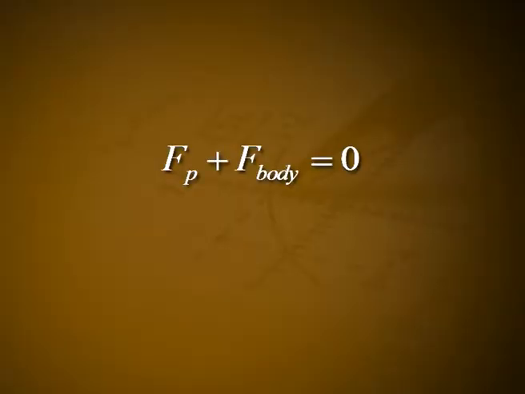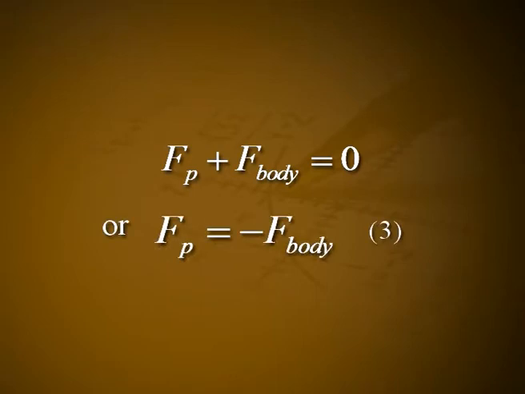Now, since the fluid is in equilibrium, we have Fp plus F body is equal to 0, or Fp is equal to negative of F body. Let it be equation number 3. We may note that Fp is the total force due to pressure on the surface of the volume V, whether volume V is occupied by the fluid or not.